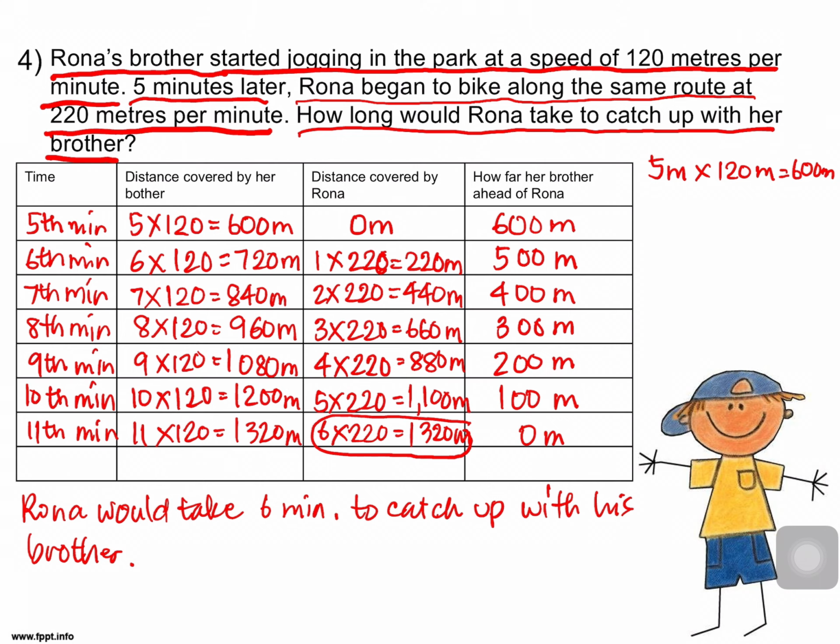His brother was ahead of Rona by 600 meters when she just started to bicycle. Then we get the difference between Rona's bicycle speed and her brother's jogging speed: 220 meters minus 120 meters is equal to 100 meters.